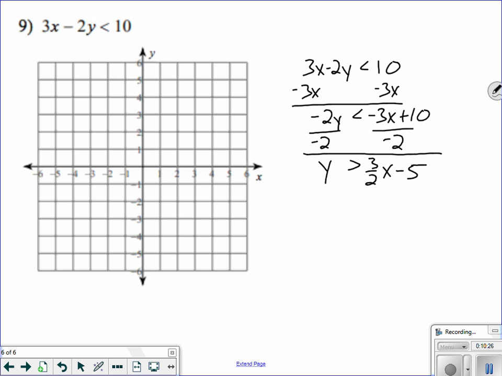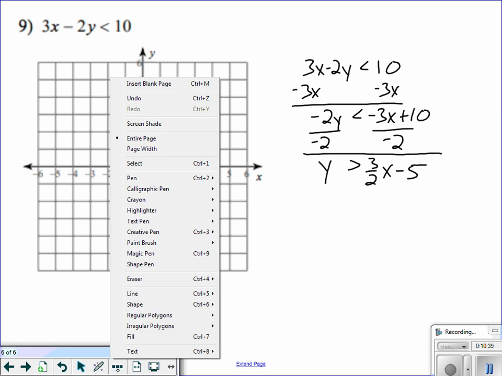Our y-intercept is negative 5. Our slope is 3 over 2, so I have to go up 3 and over 2. I have my points. We're going to make our line here.